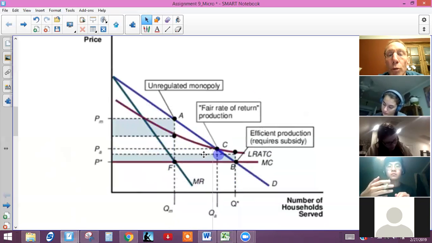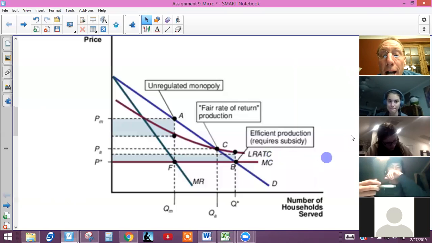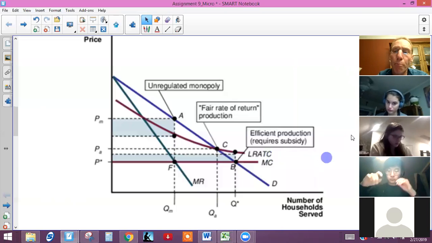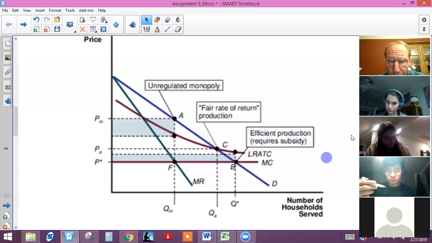As we go more and more, it continues to go down, and that's the unique characteristic of a natural monopoly. Now there's a lot of other characteristics that are a monopoly, but that's what sets a natural monopoly apart.